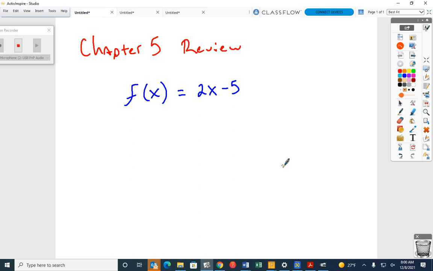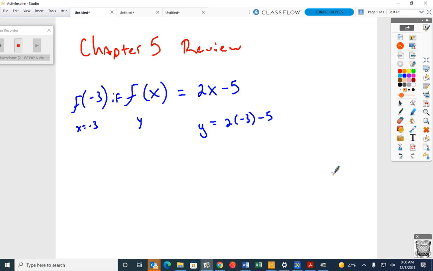So if I told you that in front of this I had f of negative 3, all this means is I'm going to replace x with a negative 3, and this means that y is what I'm going to find. So if I plug in negative 3 for my x, I have y equals 2 times negative 3 minus 5.